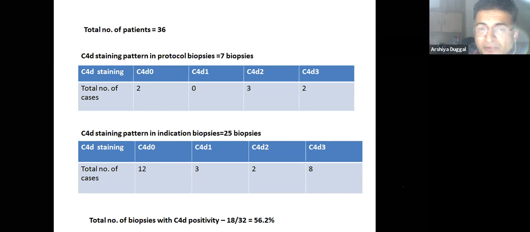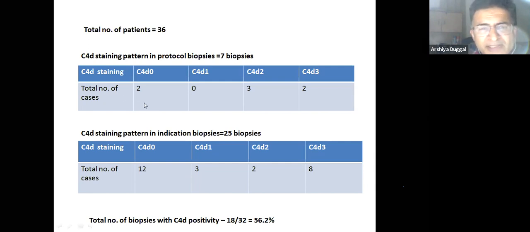Indication biopsies had to be done, but there were protocol biopsies also. Since the transplant program was running very well, we stopped doing protocol biopsies because everything was going smooth. But as I've told you, the initial 25 or 26 transplants were fine, but then suddenly there were 2 or 3 transplants which subsequently landed up in graft nephrectomy.